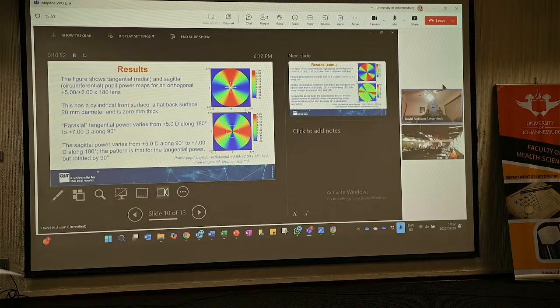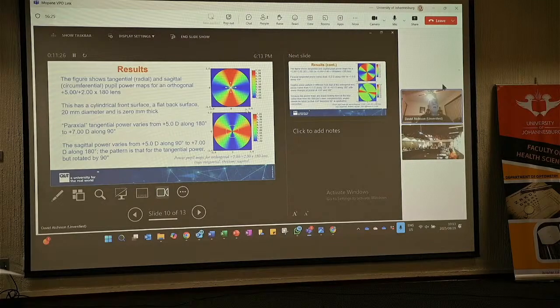So when I say minus 1 or 1 on the scale, 5 dioptres here with a 2-dioptre cylinder, and if you've got an orthogonal lens, it's actually 180. We've got a lens that is a real lens, and it's got zero thickness, so it's completely real.